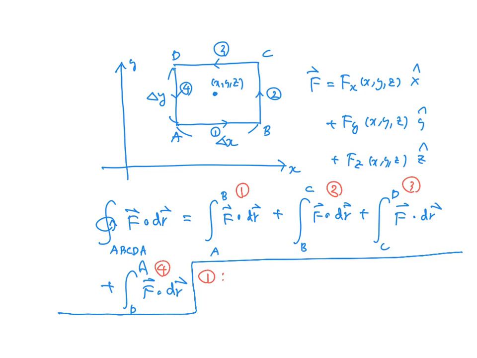dr will be in this direction, right? So dr will be dx in the x direction, because it's from A to B, it's pointing from A to B. So f dot dr will be fx dx.